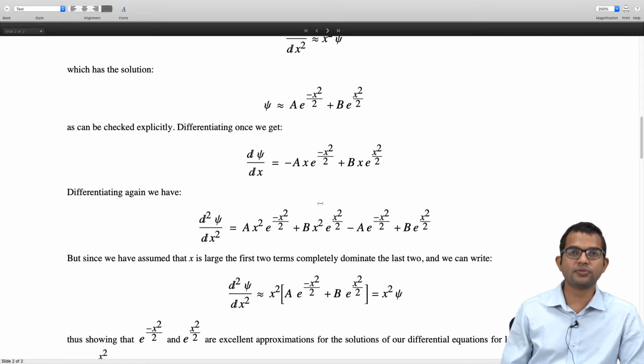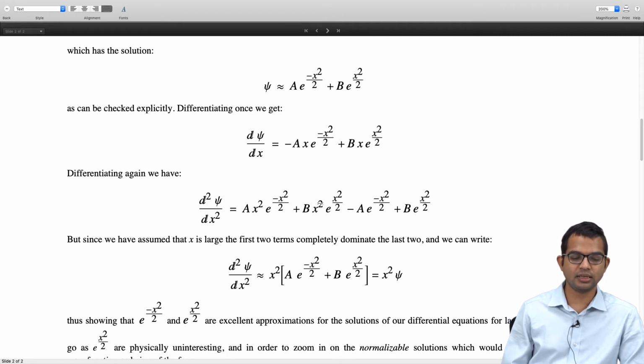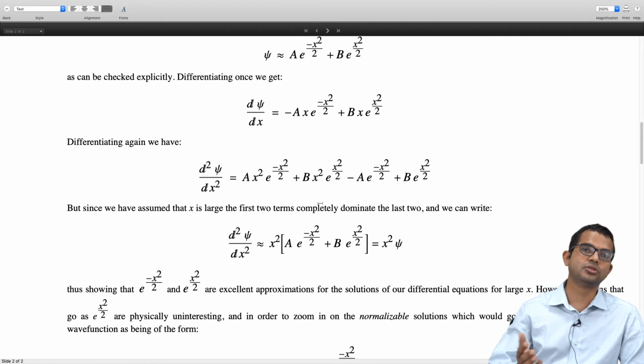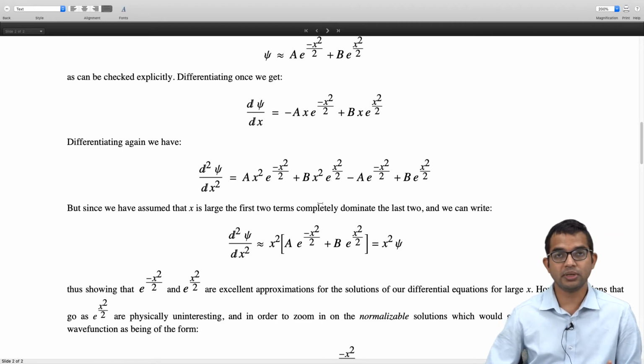Now comes the physical argument. We are not interested in solutions whose asymptotic behavior is e to the x squared by 2, because these are solutions which will become very large for large x, and so they will not be normalizable solutions, right?